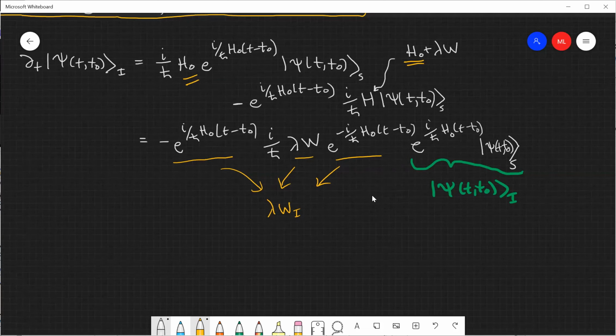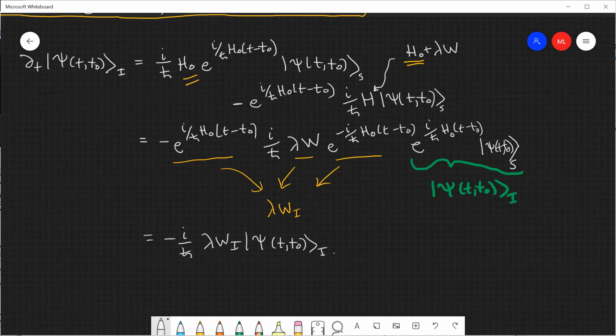So all of this reduces to minus i over h bar lambda W_I psi t naught interaction picture. So you see in the interaction picture, the Schrodinger equation looks just like the regular Schrodinger equation, except you're evolving with just the perturbation, and the perturbation is also in the interaction picture. So that's important.